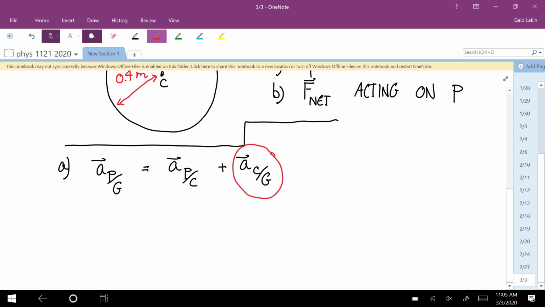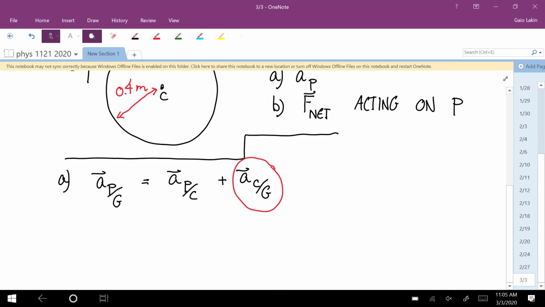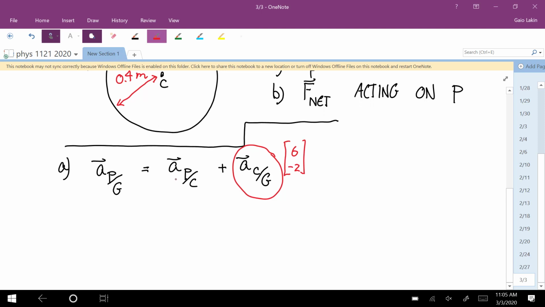This is what's given. So that's the 6, negative 2. And the acceleration of the object relative to the center, that's where we use the circular motion. That's sort of like the circular motion is happening and we're assuming that that C is fixed. You can think about it that way.